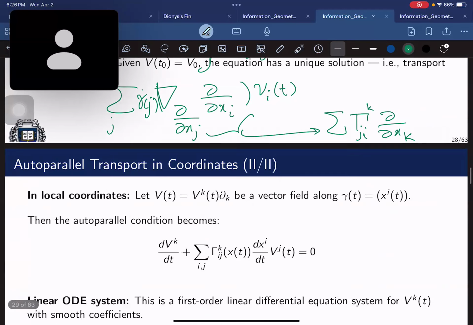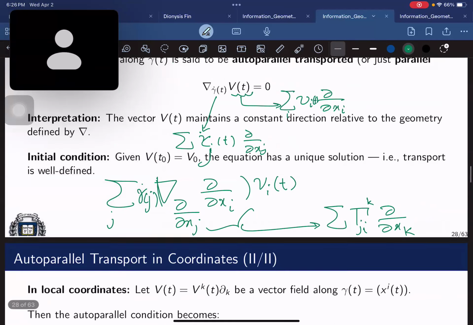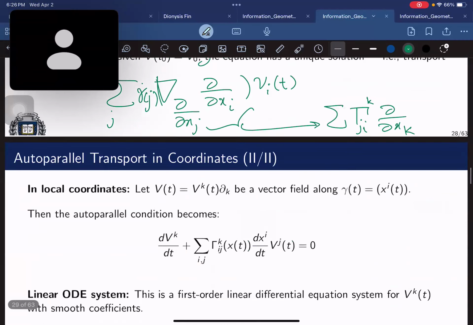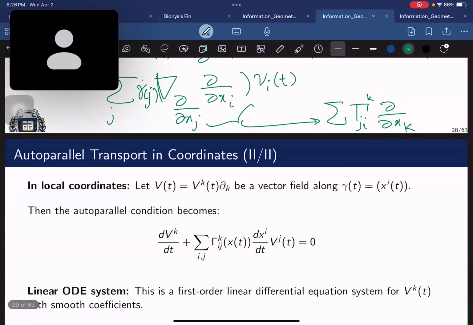If I take a look at this, if I put the summation to 0 and consider k, because if the whole thing is going to be 0, at each coordinate it should be 0. So this is essentially exactly the upper one. So this is the ODE system we're going to solve.